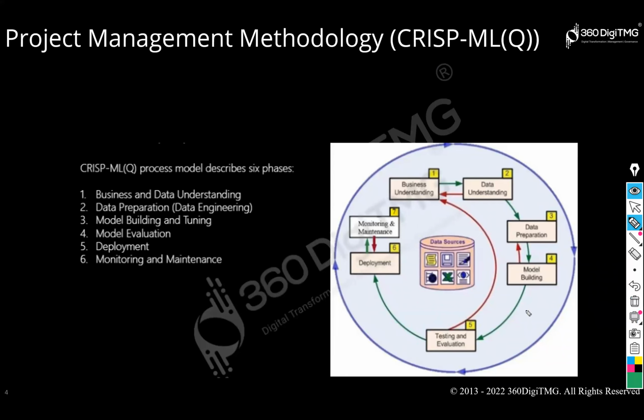Now let us get into data preparation, where we will do exploratory data analysis, EDA. If you have unstructured format data, you can convert it to a structured format by using transformation.